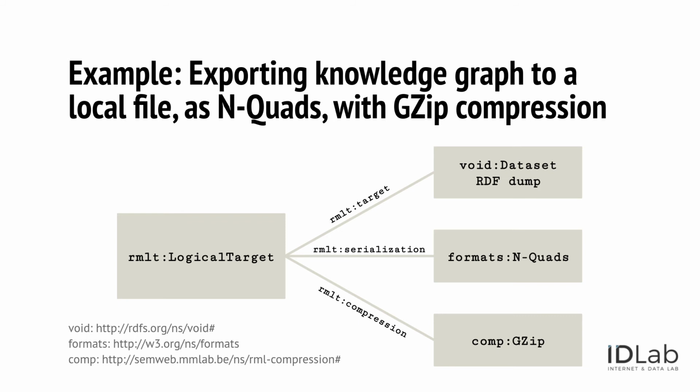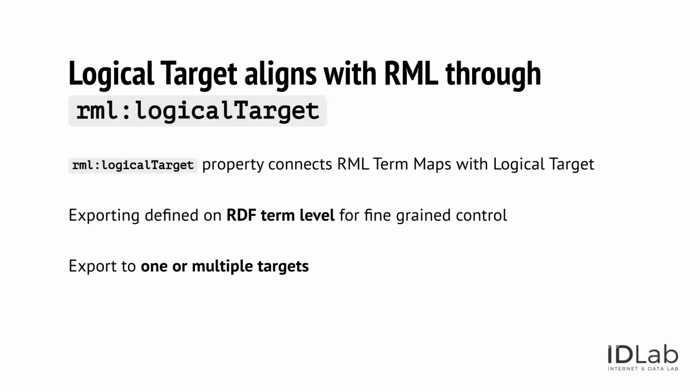But speaking of processors, how do they know which triple needs to go to which target? That's what we accomplished with the RML logical target property. We aligned logical target with RML through the RML logical target property, which is situated in the RML term map. This allows us to export knowledge graphs on RDF term level for fine-grained control.